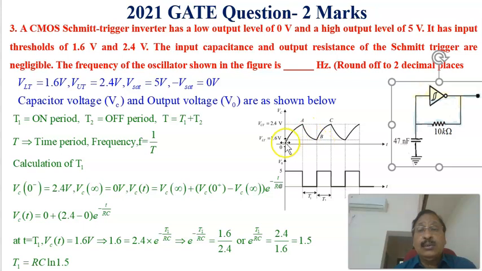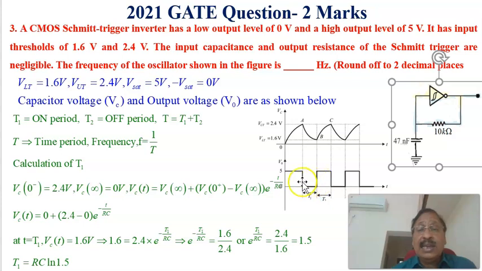At time T1, the capacitor voltage equals 1.6 volts. Substituting that here, 1.6 equals 2.4 into e raised to minus T1 divided by RC, and then we get the equation: T1 is equal to RC natural logarithm of 1.5.